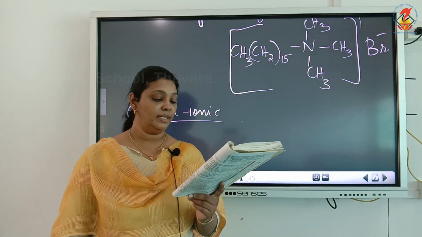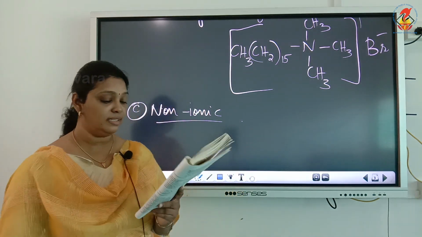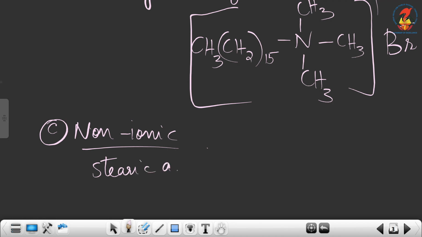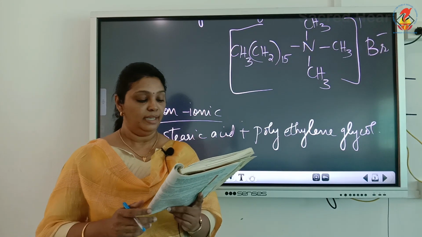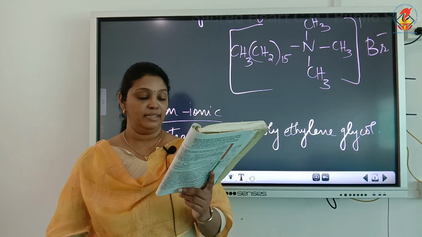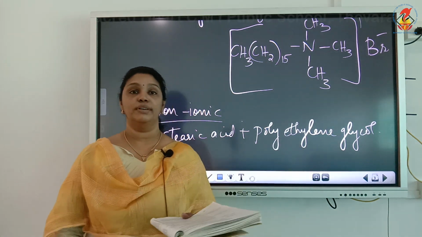An example for non-ionic detergent is when stearic acid reacts with polyethylene glycol, we get a non-ionic detergent. Liquid dishwashing detergents are non-ionic type. So these are the three types of detergents.